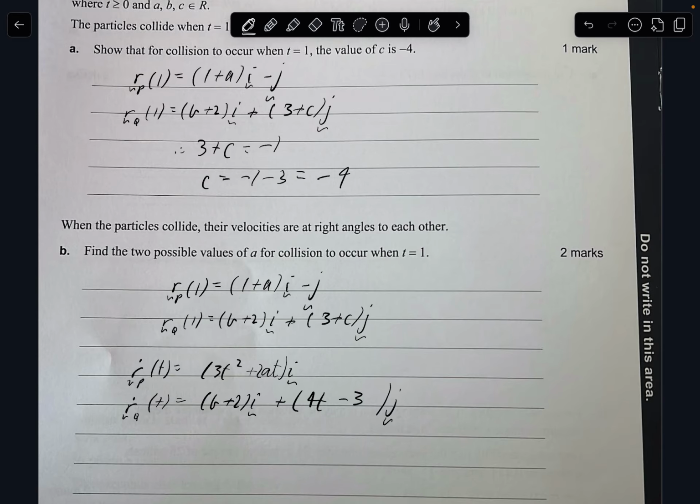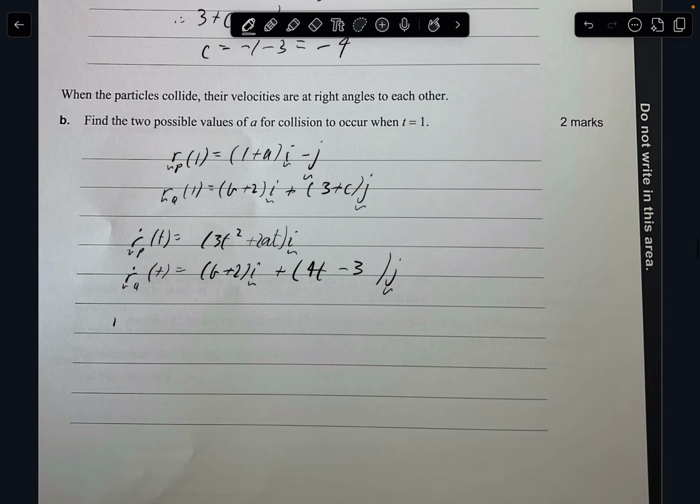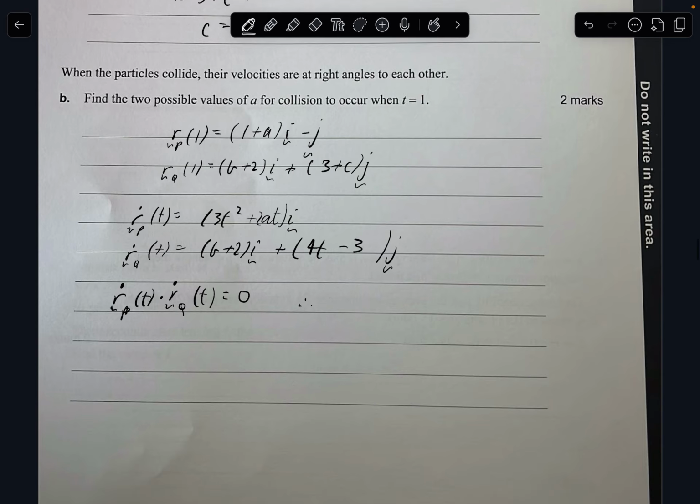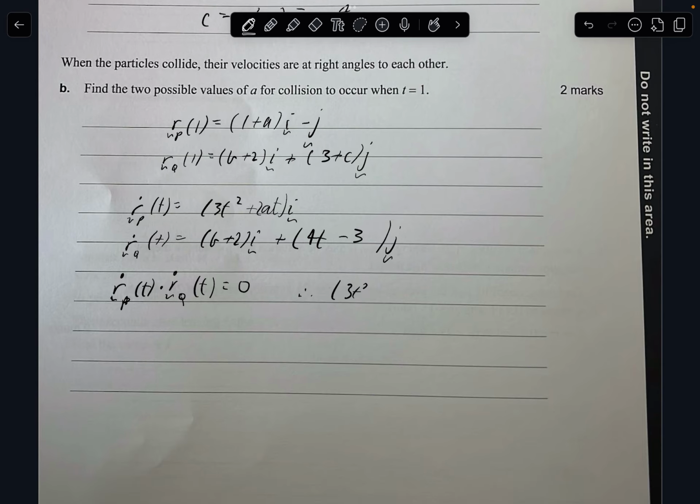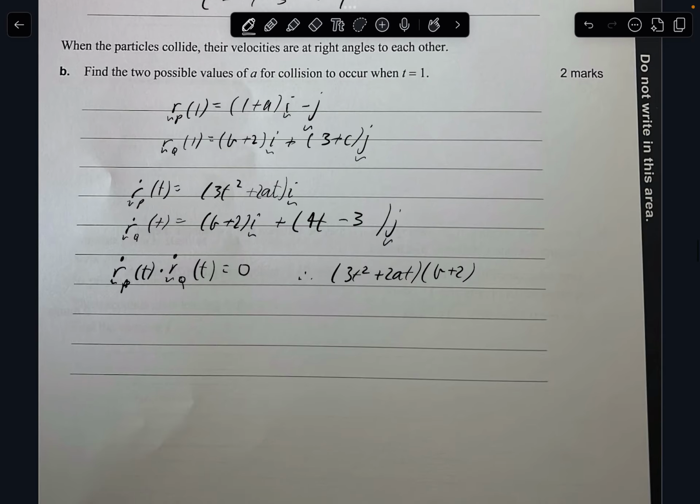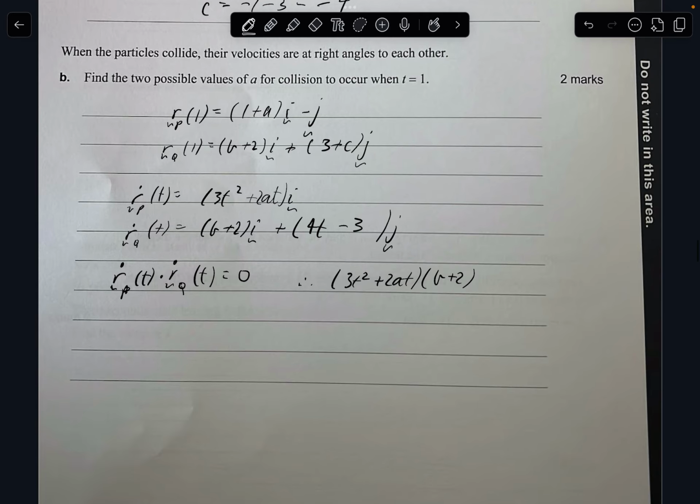Okay, and then they're at right angles to each other, so these dot products are 0. So that means 3t squared plus 2at times b plus 2, and then plus 0 equals 0.